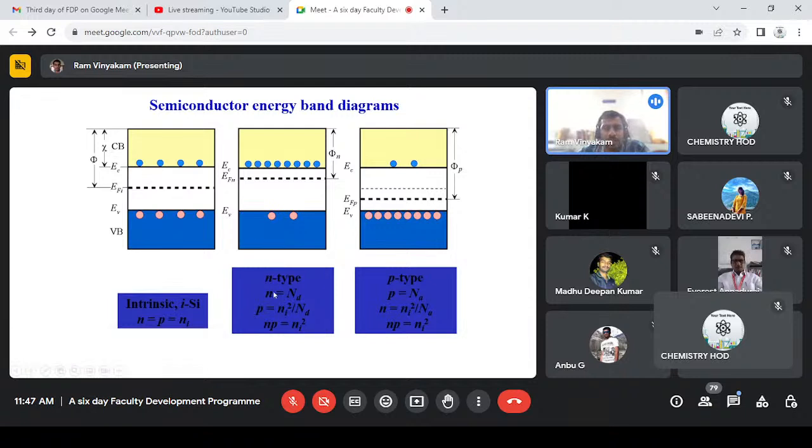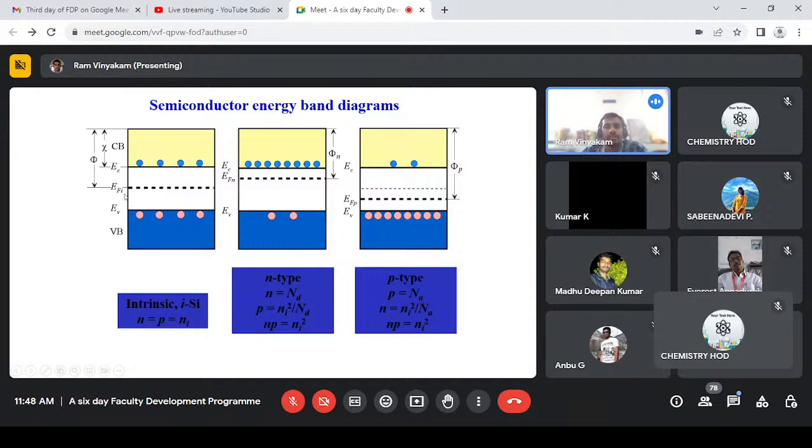So if you create an N-type, we all know the donor energy level will be created. The Fermi level here refers only to the probability of finding the carrier in the band structure. In the intrinsic case, the probability of finding the electron in the conduction band and the probability of finding the hole in the valence band is 50%.